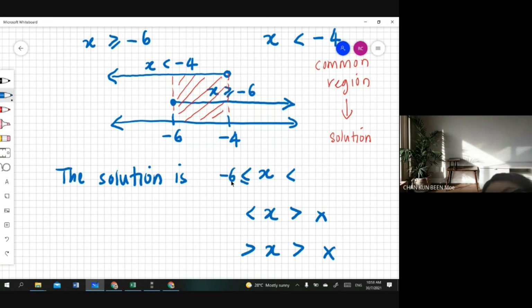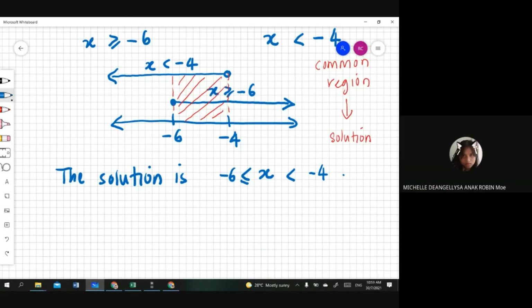And then for the right hand side here, x is less than what? So refer to this. X is less than negative 4. So you just need to fill in negative 4 on the right. So our solution is already done. That is the solution for it. Are you okay? Yes.